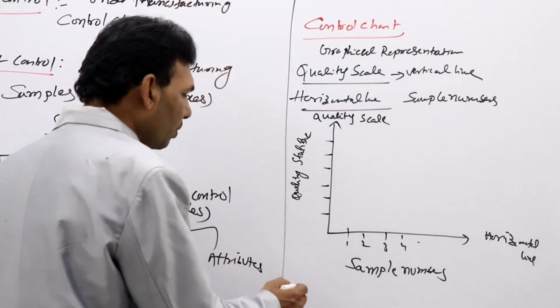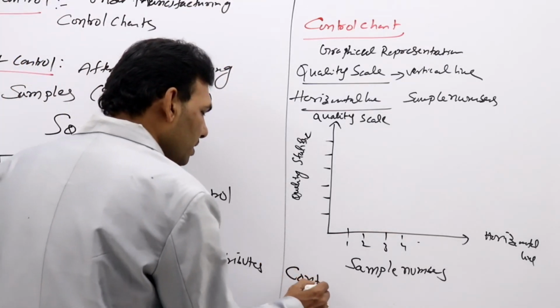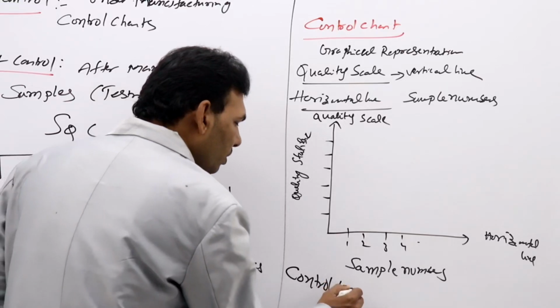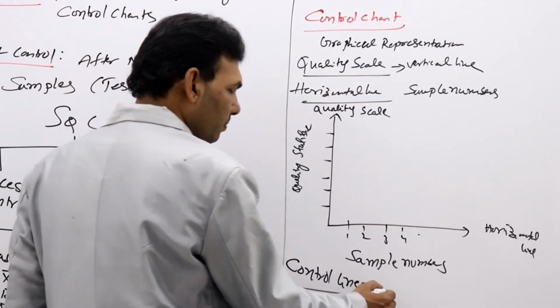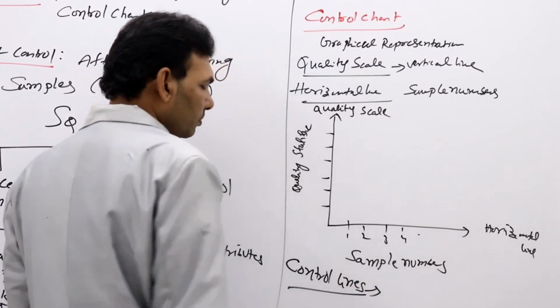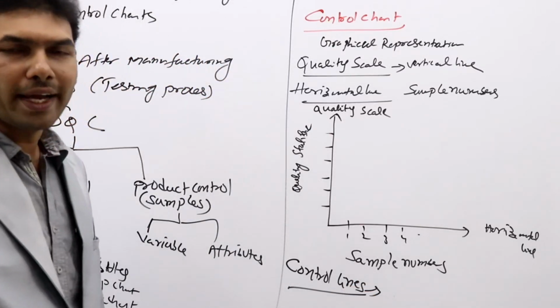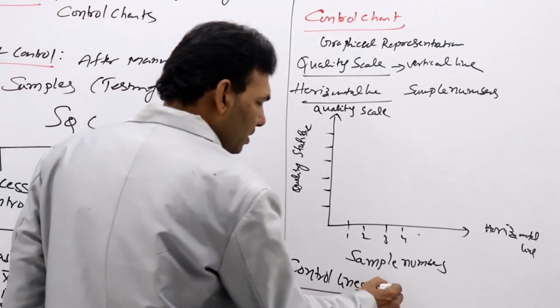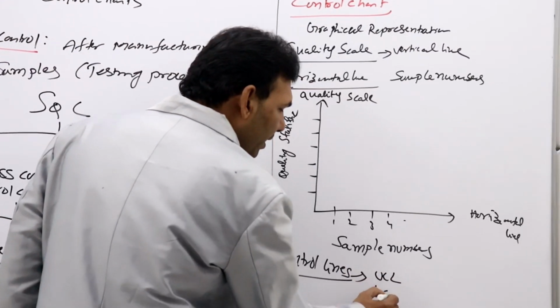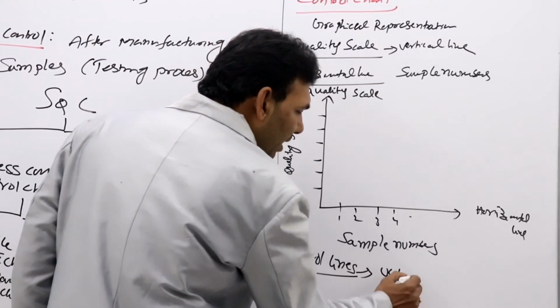Here you need to draw the control lines. These play a key role. There are some control lines: upper control line, lower control line, and control line. We represent them like this: UCL, LCL, CL.